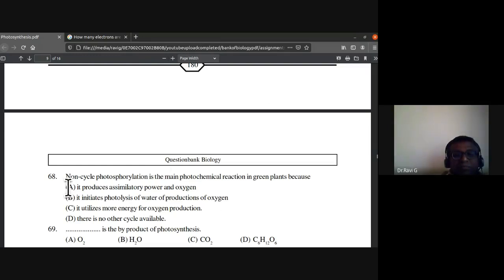69th. Dash is the byproduct of photosynthesis, which is liberated as oxygen. Dash is the byproduct of photosynthesis: oxygen. 70th. Site of reduction of carbon.